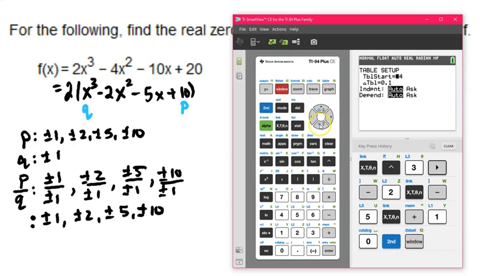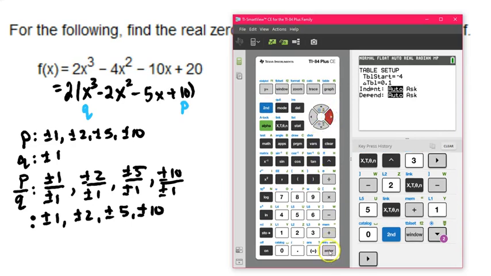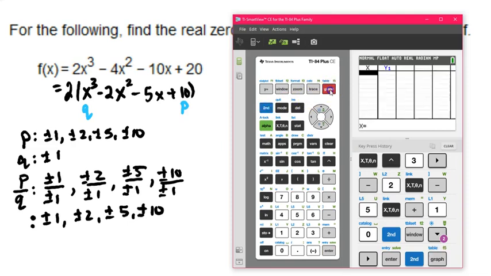And I want to turn my table into ask mode so that I can enter these potential rational zeros in. So now I'll go into the table, which is in blue above graph, and I'm going to type in these potential rational zeros.